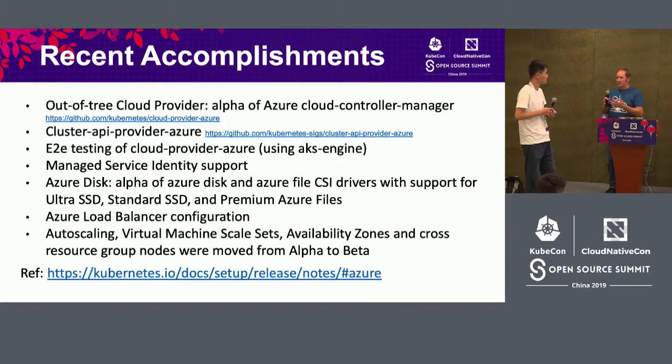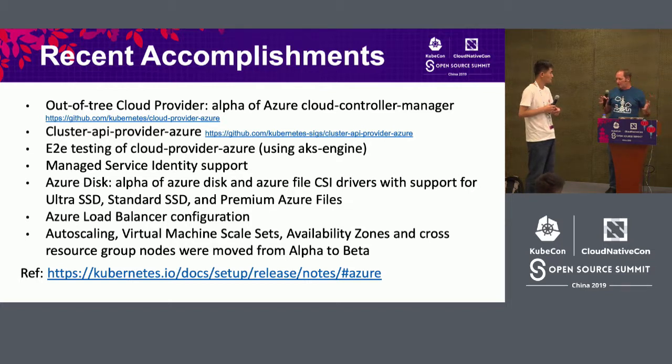The ability to run Kubernetes on VMware or Azure or GCP or on-prem, bare metal, was built into Kubernetes itself. Over time, it has become very unwieldy to manage very disparate implementations for how you run Kubernetes on different infrastructures in that core code base.